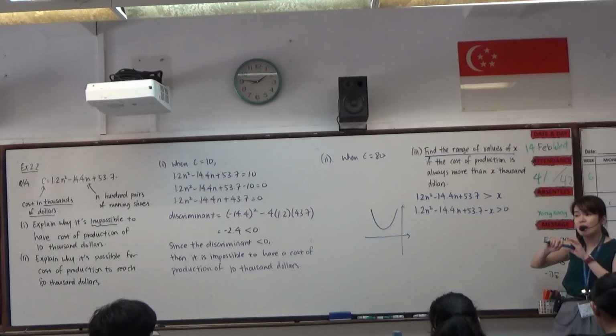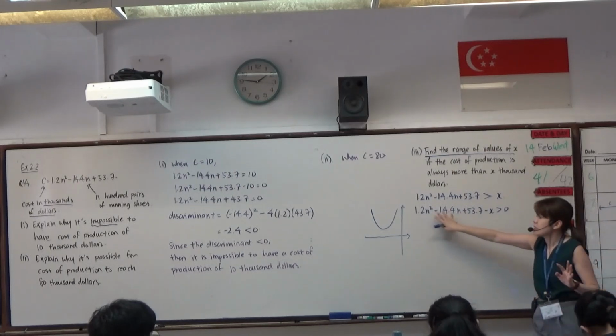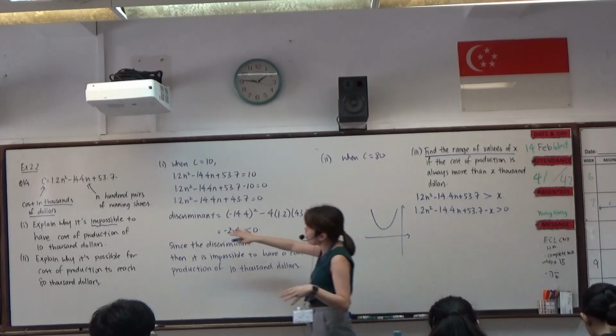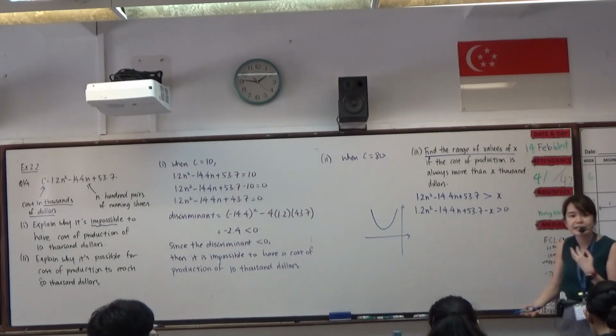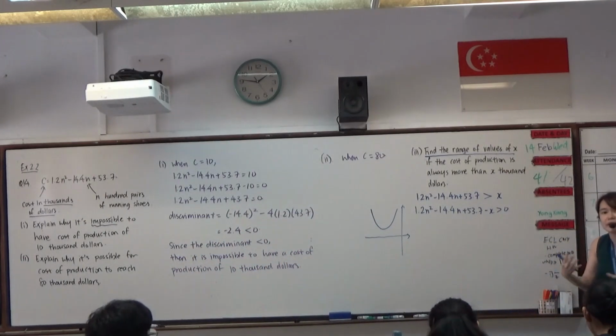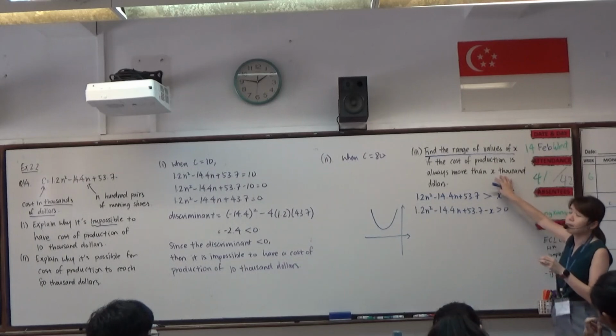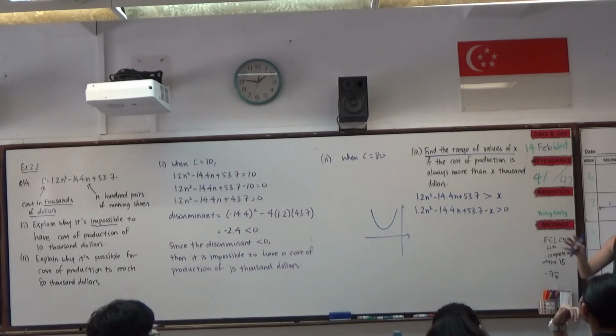Okay, we must be able to distinguish between variable and constant. Because your n itself is the number of running shoes. Okay, it can change depending on how many pairs of running shoes there are. Your cost of production is different. Okay, so that is the variable. X itself is just a number that we're trying to do comparison with. Okay, just that they give you an unknown.